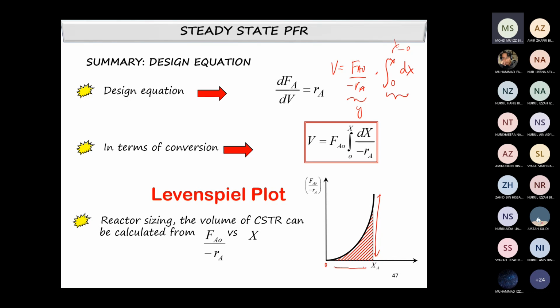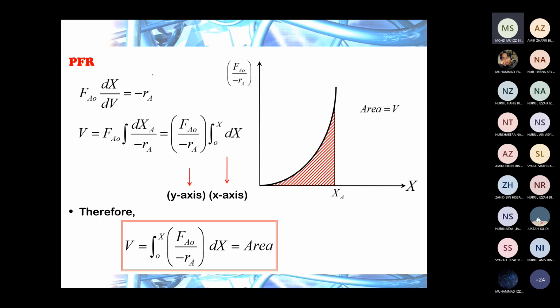So this one will be the X and this one will be the Y. Okay, so this is how you get the sizing, the volume. So the area would be this one.